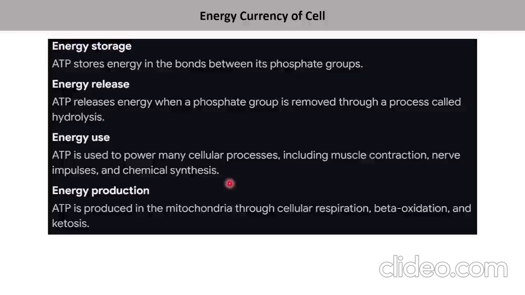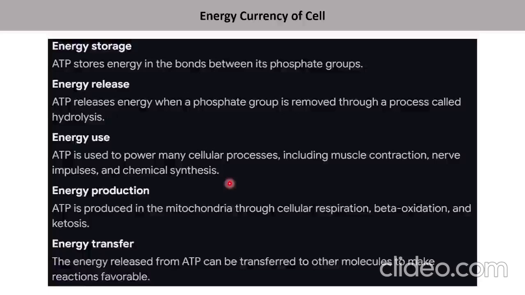In simple language, when we eat food, certain foods get broken down via these processes, the respiration process and the oxidation process. These processes generate ATPs for our body, and these ATPs get stored and are utilized for every work that the cell needs to do. That's how the energy is produced in the cell and then stored for later function.